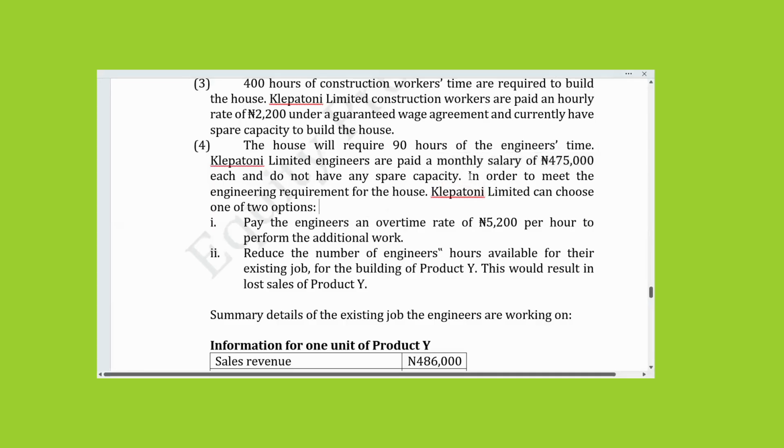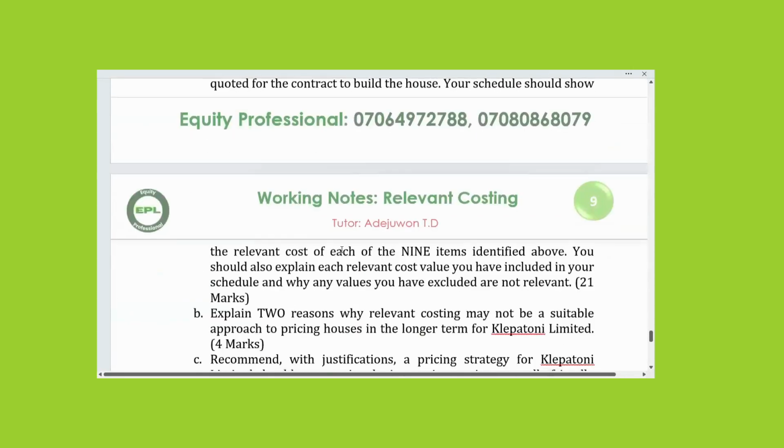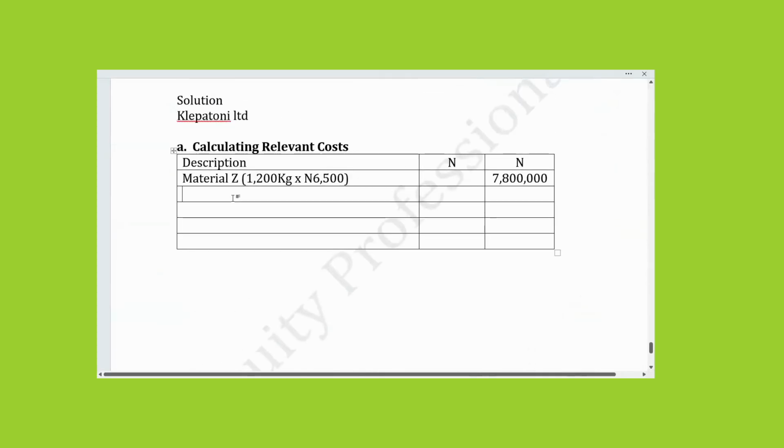Now, in order to meet the engineering requirement for the house, Clepatoni Limited can choose one of 2 options. So we have 2 options here. Option number 1, pay the engineers an overtime rate of 5,200 naira per hour to perform additional work. Therefore, I will then come here. Engineers time. Okay, engineers time.